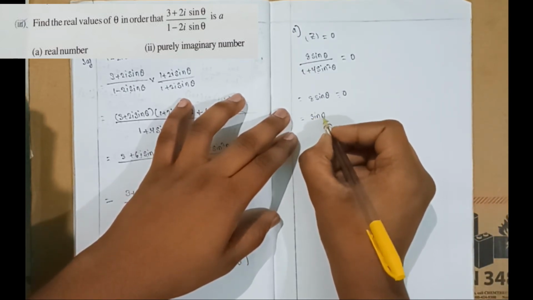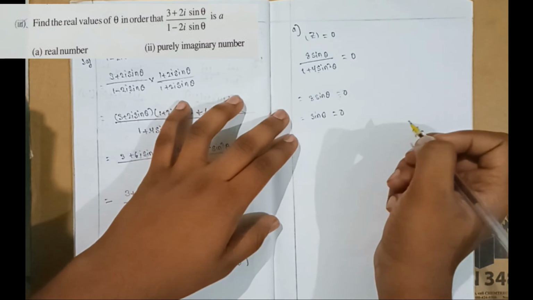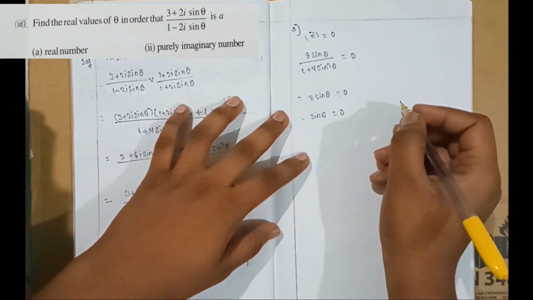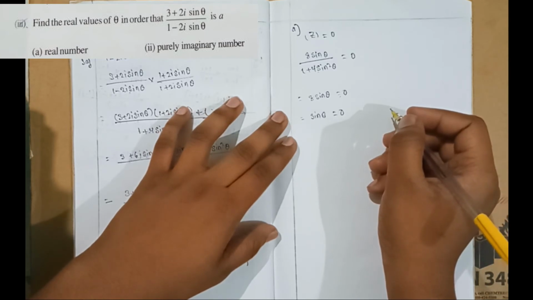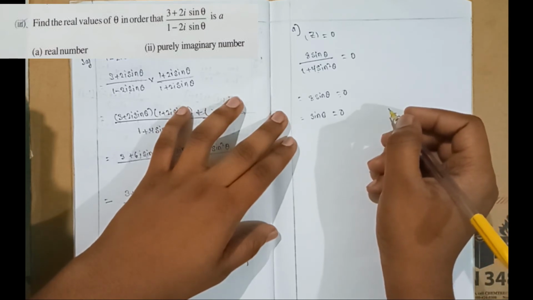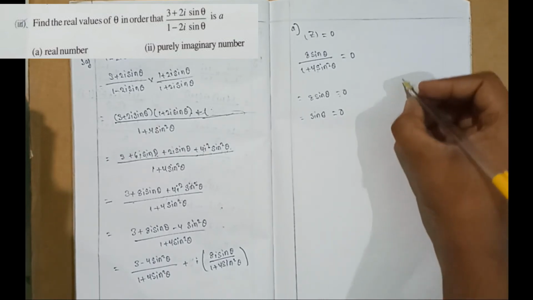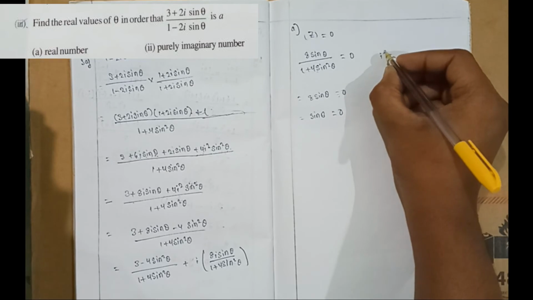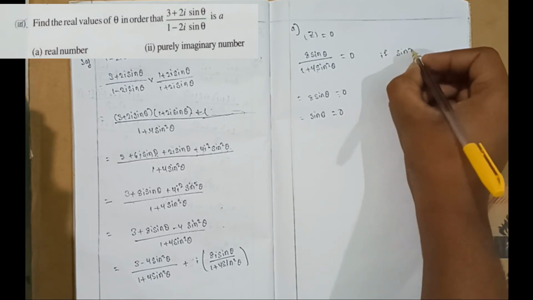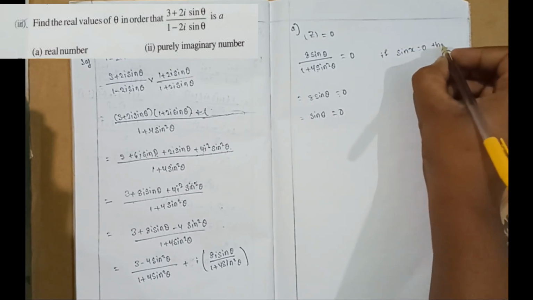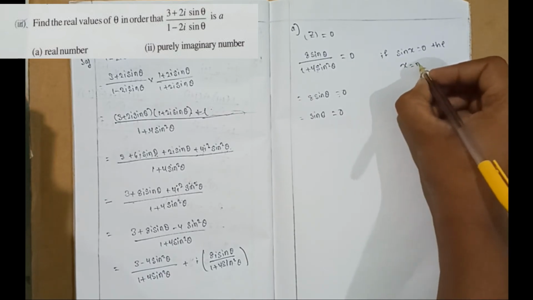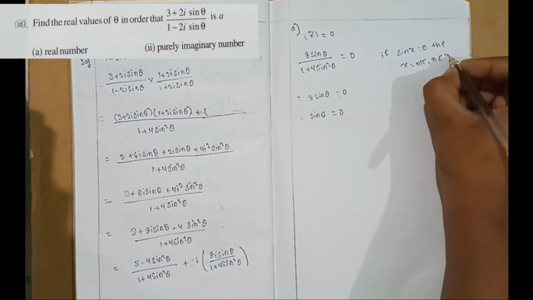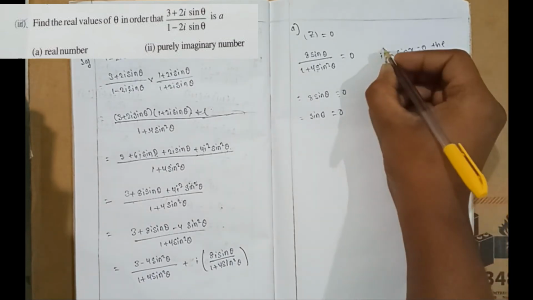Then 0 by anything equal to 0, so sin theta equal to 0. There is a condition here: if sin x equal to 0, then x equal to n pi, where n belongs to integers.